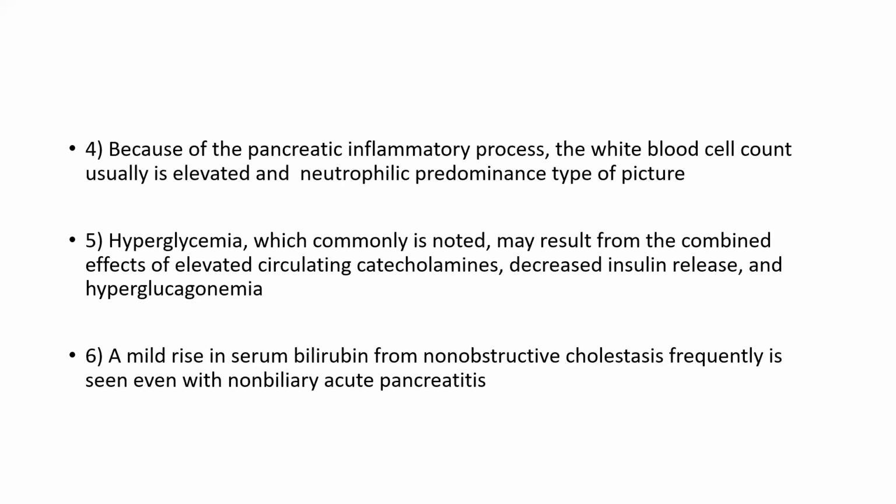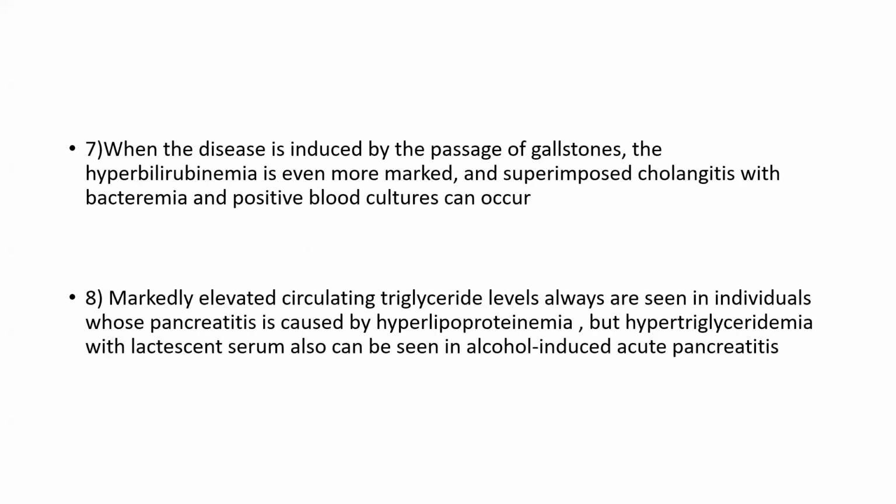Because of the pancreatic inflammatory process, the white blood cell count is elevated and a neutrophilic predominance is seen. Hyperglycemia, which is commonly noted, may result from the combined effect of elevated circulating catecholamines, decreased insulin release, and elevated glucagon. A mild rise in serum bilirubin from non-obstructive cholestasis is frequently seen even with non-biliary acute pancreatitis.